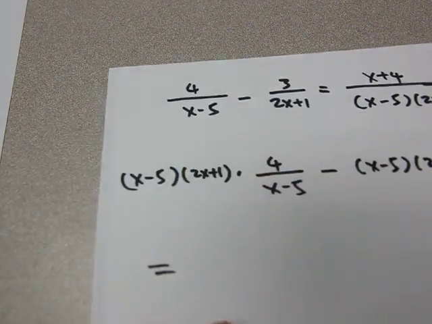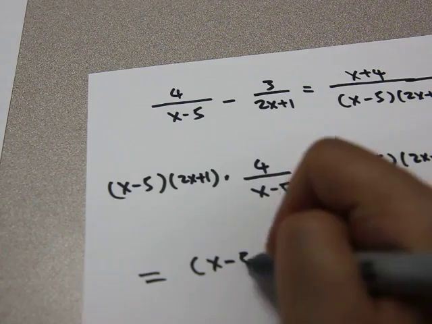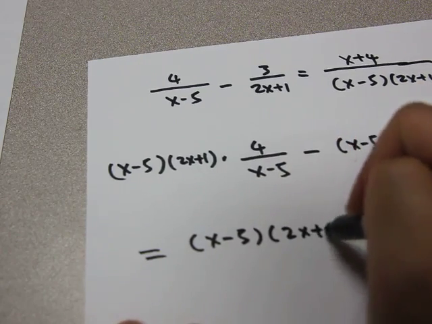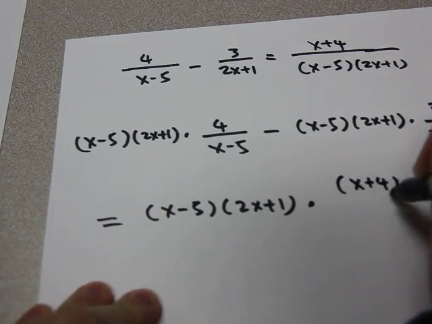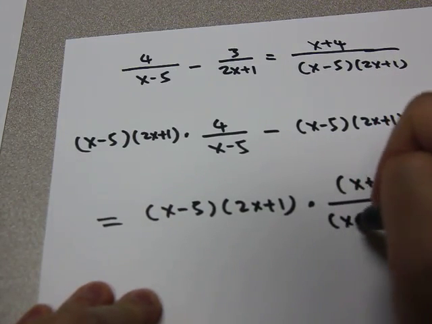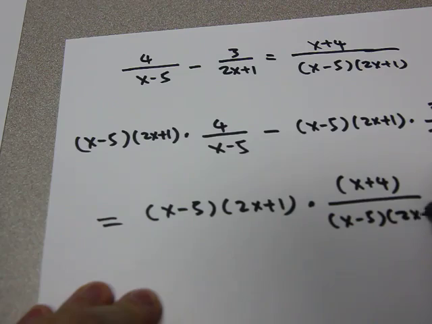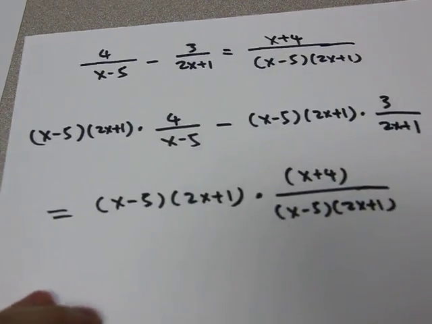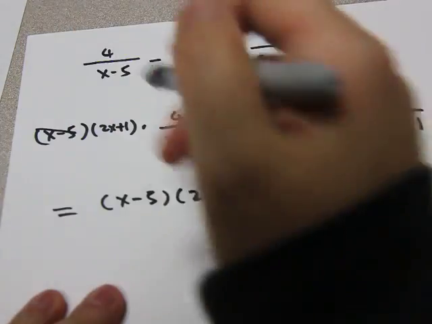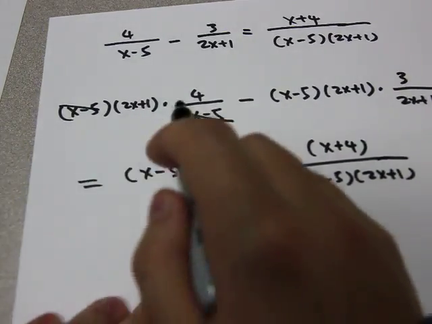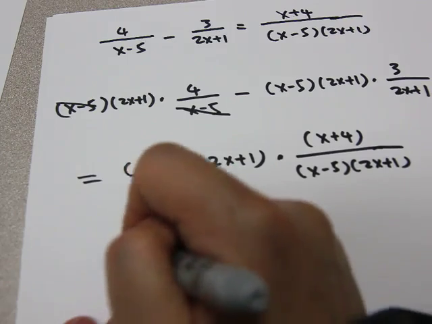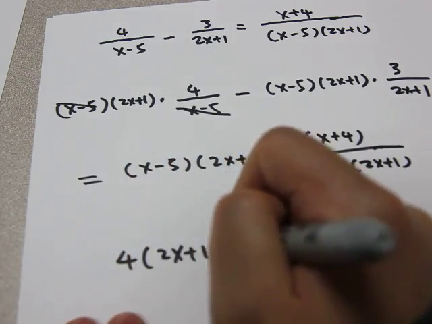Now equals x minus 5 times 2x plus 1 multiplied by x plus 4 over x minus 5 times 2x plus 1. Okay, so x minus 5 and x minus 5 are cancelled. Therefore, the first term becomes 4 times 2x plus 1.